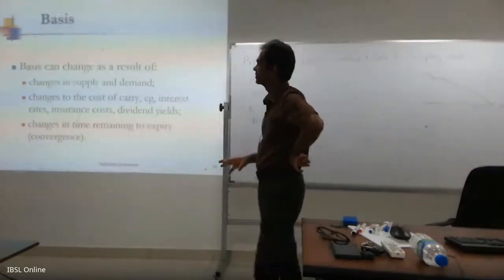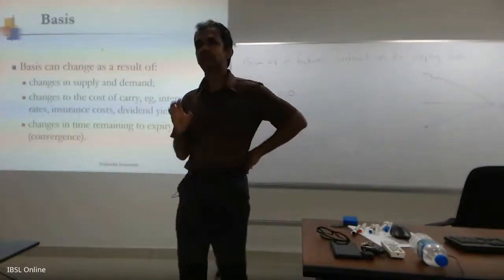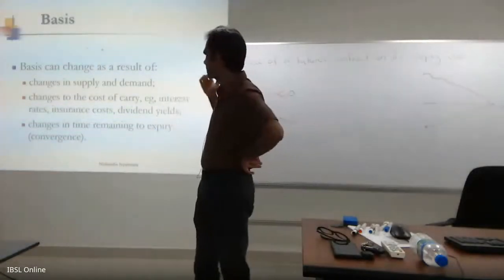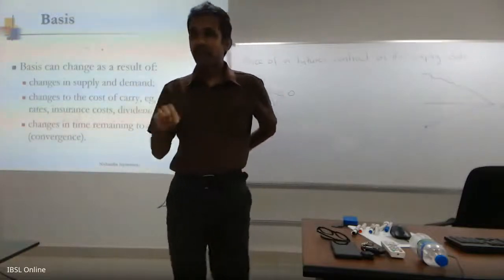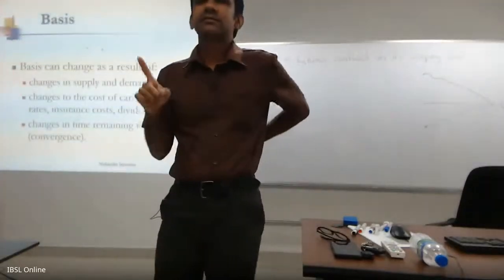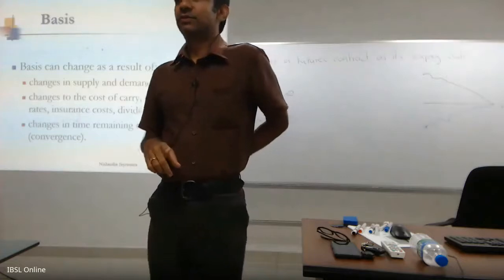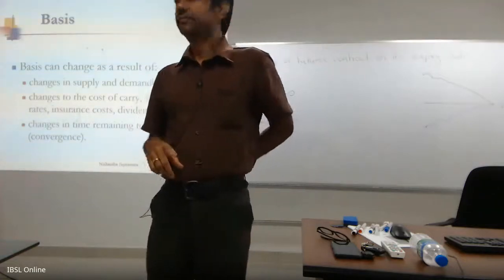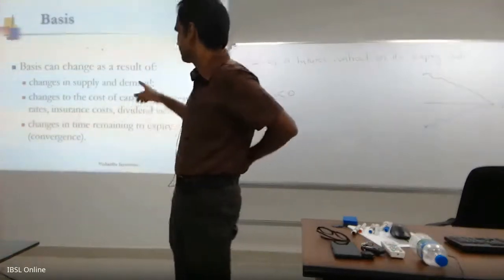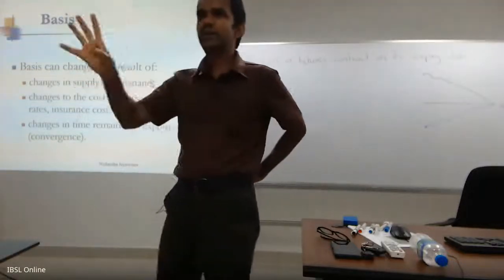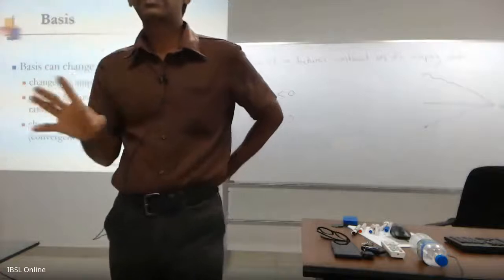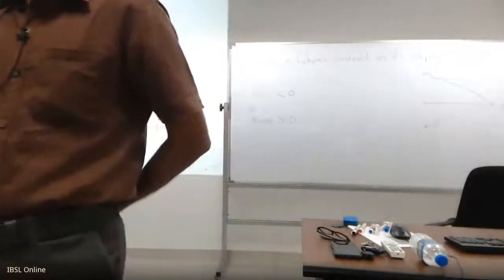Other causes or reasons for the basis to change. First thing is supply and demand, supply and demand of the underlying asset as well as for the futures contract. Then the changes to the cost of carry. Depending on the underlying asset, cost of carry may vary.